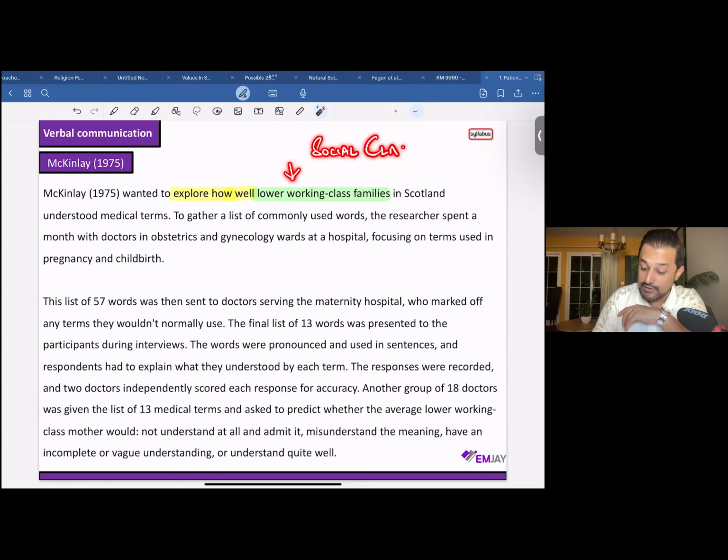So the findings from research where you've collected data from lower working class individuals, do you think the findings could be applied to individuals from the higher working class? Probably not. In Scotland, again, he looked at how well they understood medical terms.